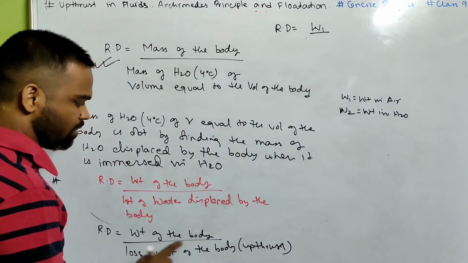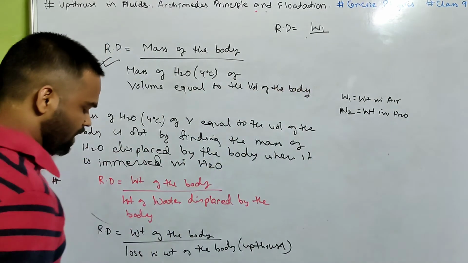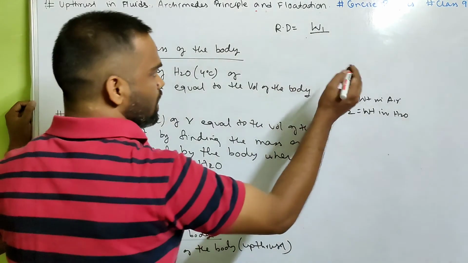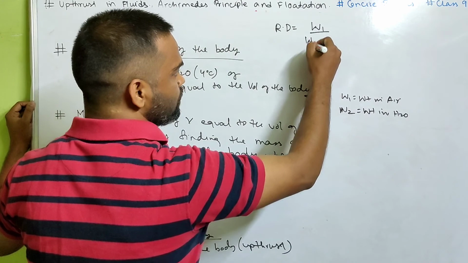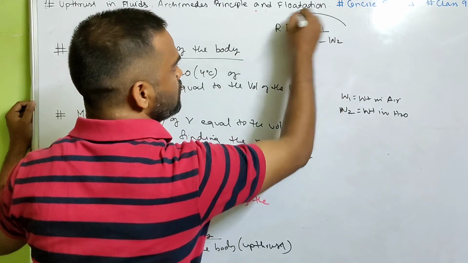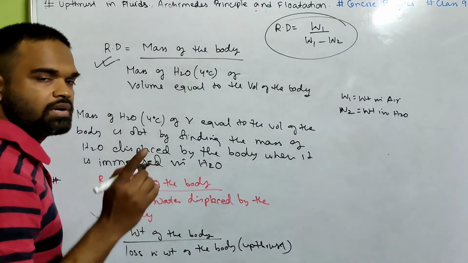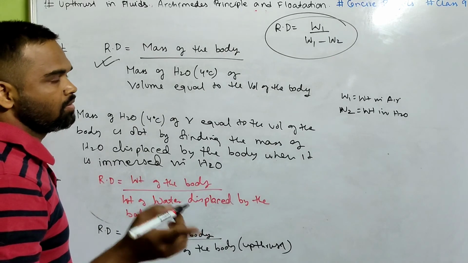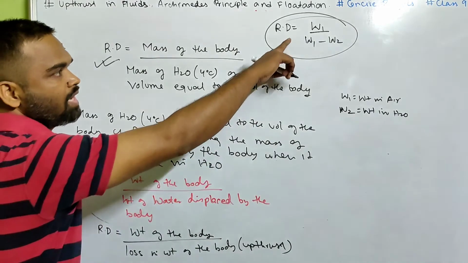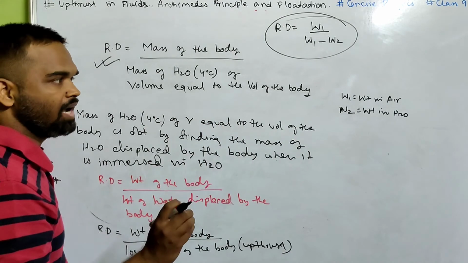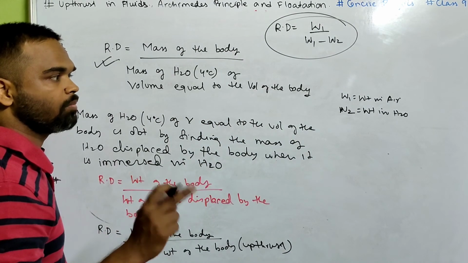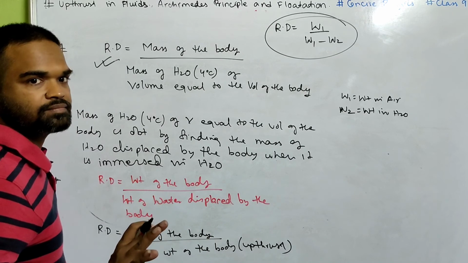Then RD equals weight of the body in air, which is W1, by loss in weight of the body in water, which will be W1 minus W2. So relative density using Archimedes principle, we can calculate like this: weight of the body in air by weight of the body in air minus weight of the body in water.